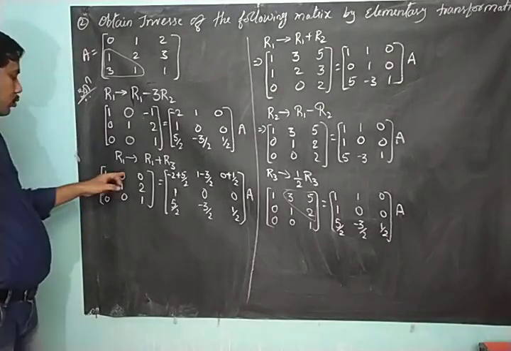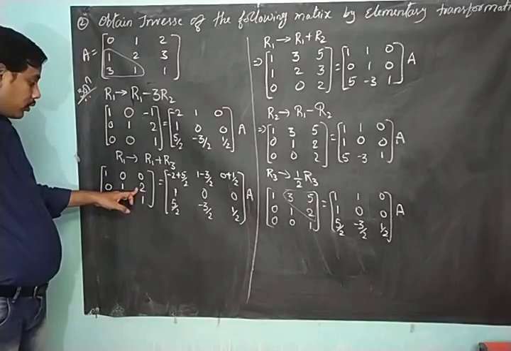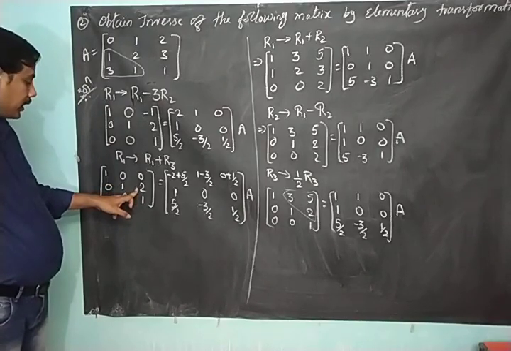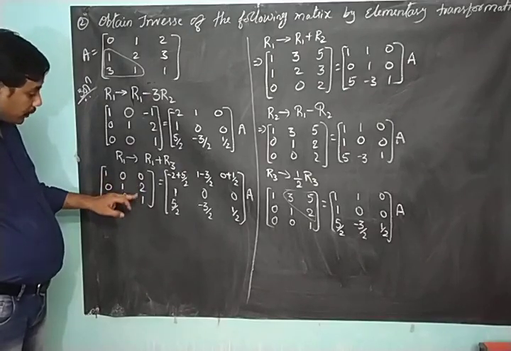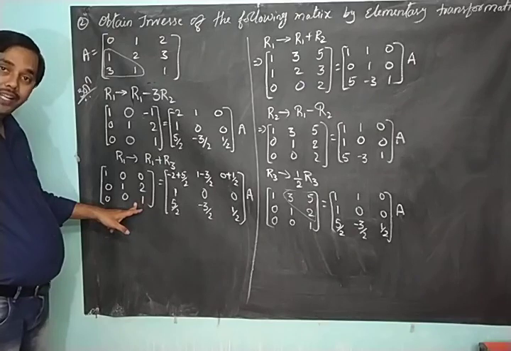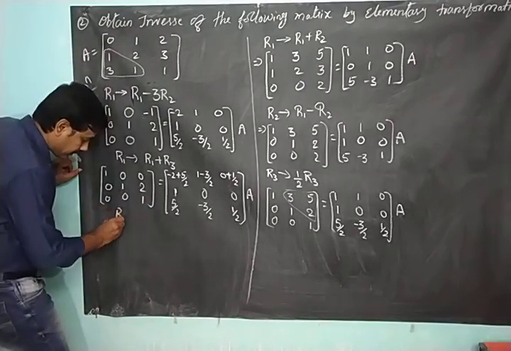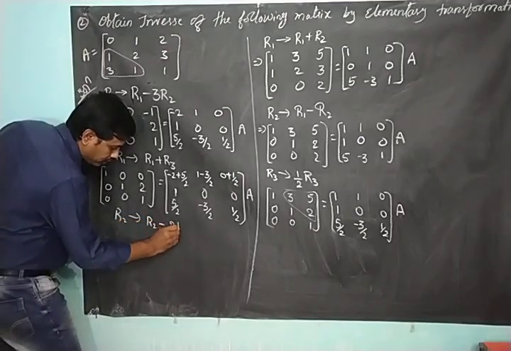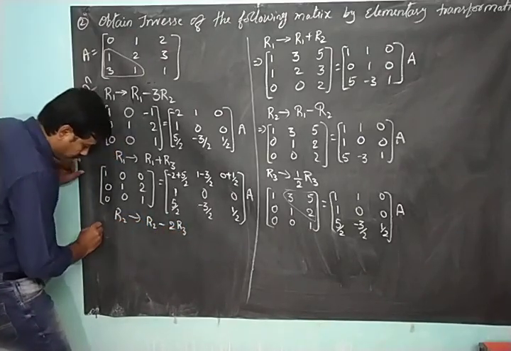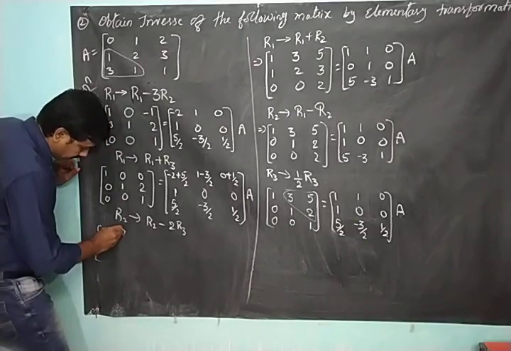So I got these two as 0. This 2 should be converted into 0. So how will I get that 2 as 0? R2 will change as R2 minus 2R3. R2 changes into R2 minus 2R3. What happens here? R1 remains as it is.